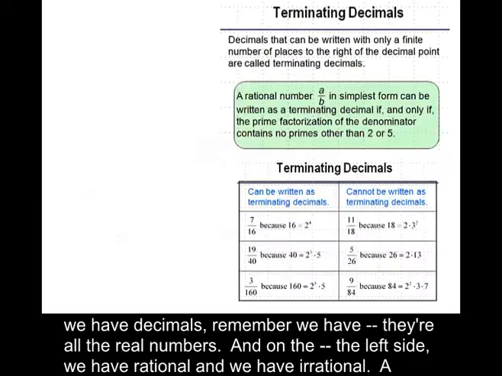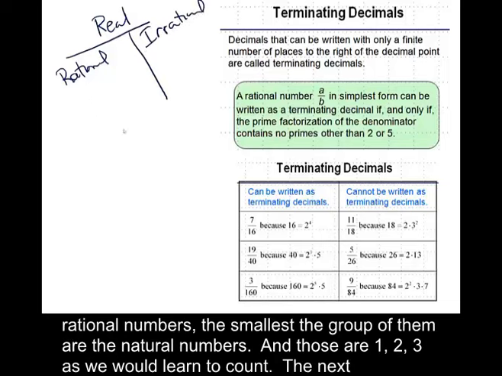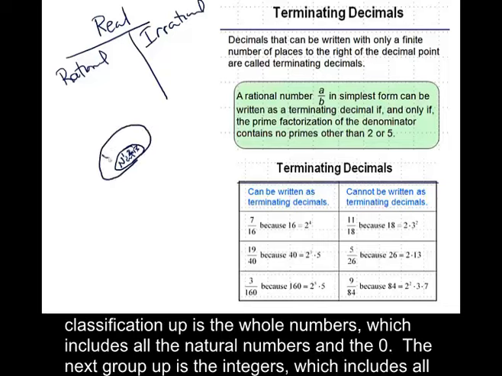When we have decimals, remember they're all the real numbers, and on the left side we have rational and we have irrational. Our rational numbers, the smallest group of them are the natural numbers, and those are 1, 2, 3 as we would learn to count. The next classification up is the whole numbers, which includes all the natural numbers and the 0.